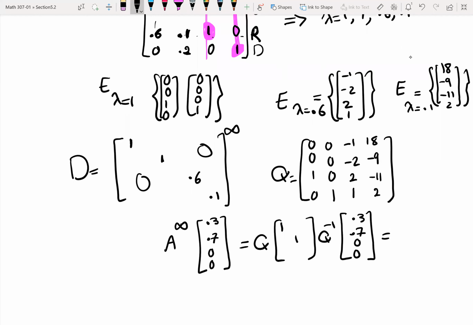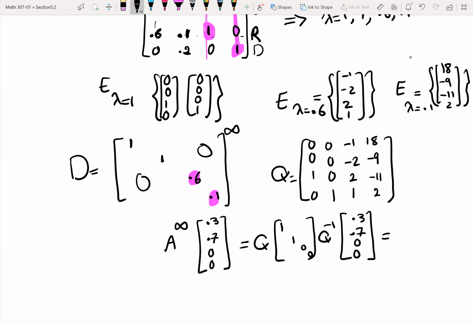When we have a number which is small, raising it to infinity gives 0. So that gives me 1, that gives me 0, and that gives me 0.